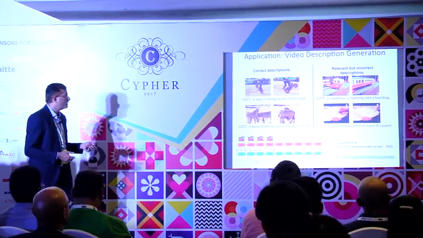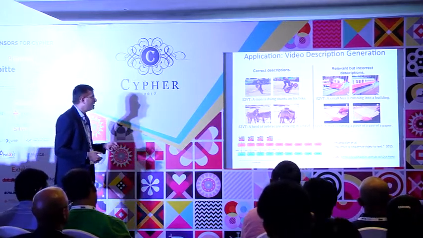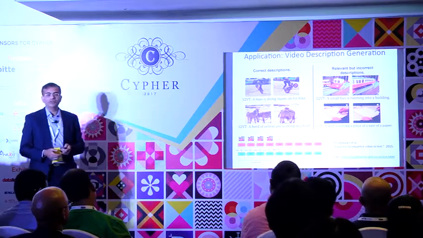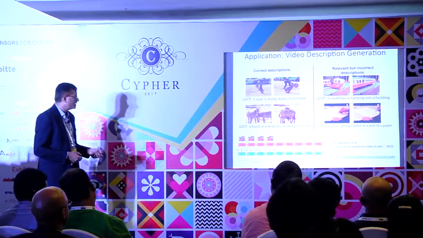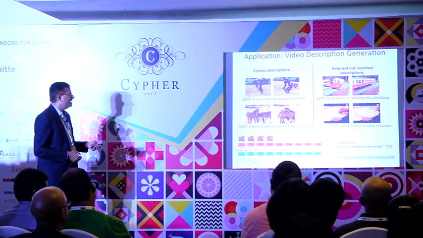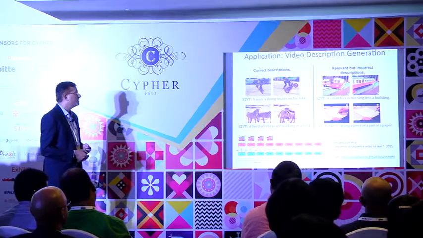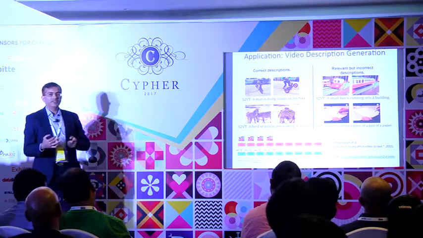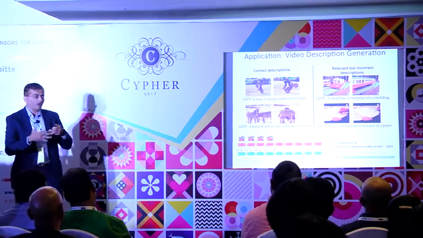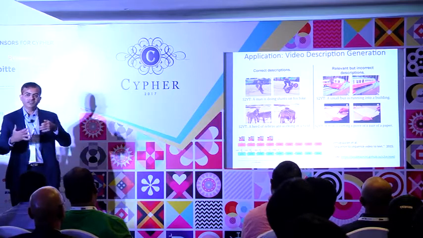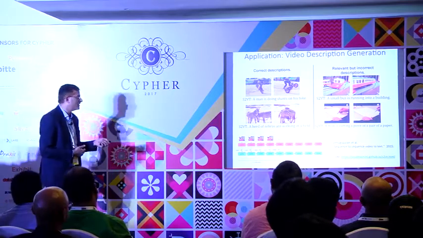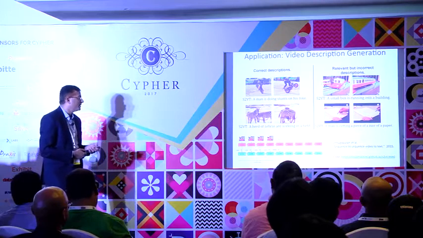S2VT is a sequence to sequence video to text model, which is LSTM based, and it emits out a man is doing stunts on his bike. If it is trained so that it outputs something semantically similar to the ground truth, not very different from this sentence, then it will still get a high score.